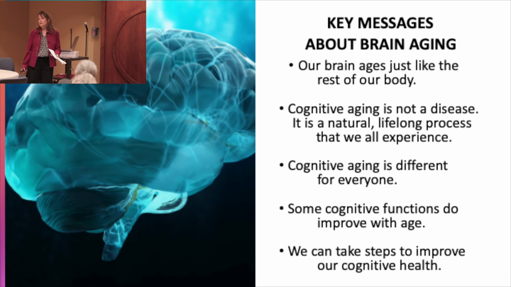So for example, processing information, how quickly we can retrieve that information, appears to peak around age 18 or 19 and then starts to decline. Meanwhile, your short-term memory continues to improve until the ripe old age of 25, and then it levels off and starts to decline around the age of 35. So overall, as you age, you might find some difficulty or challenges with multitasking, holding information in mind.